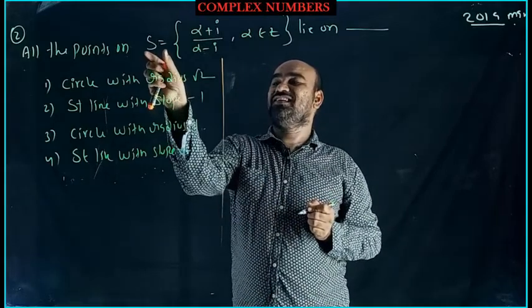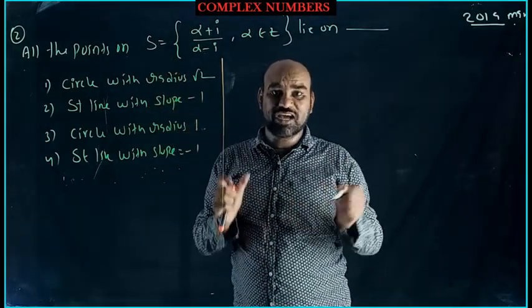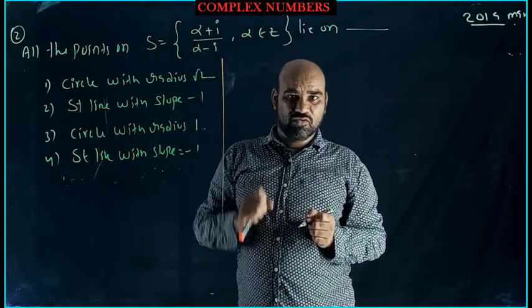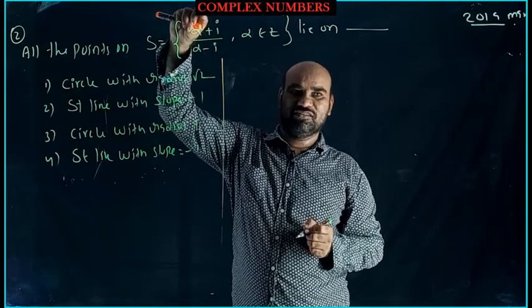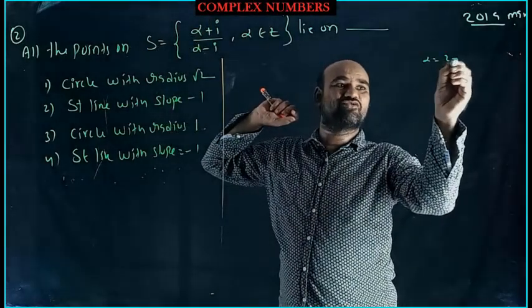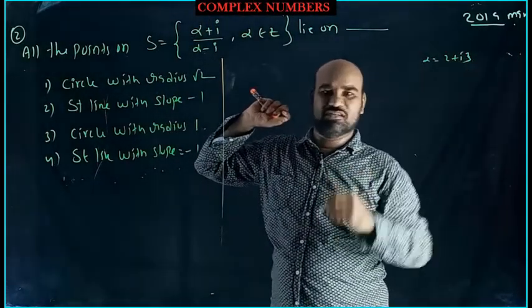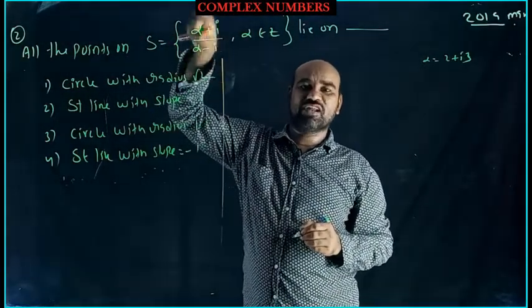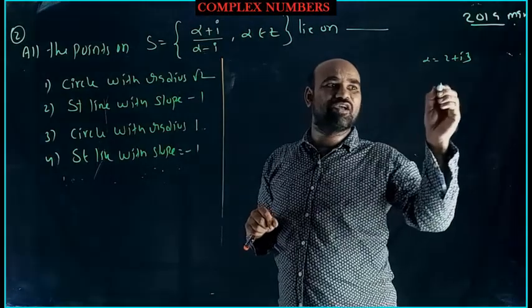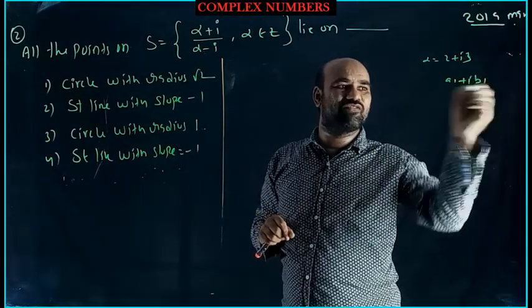S is a set of points, a set of ordered pairs. One ordered pair is obtained from taking any value of alpha. For example, instead of alpha take 2 plus iota, or 3 iota. Substitute here. After simplifying, after converting to standard form, one of the points becomes a1 plus iota b1.